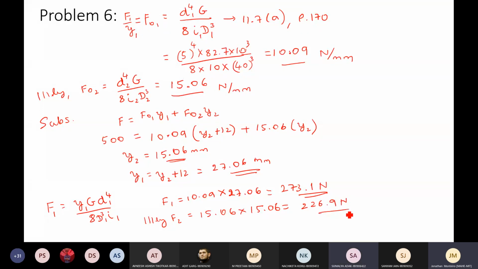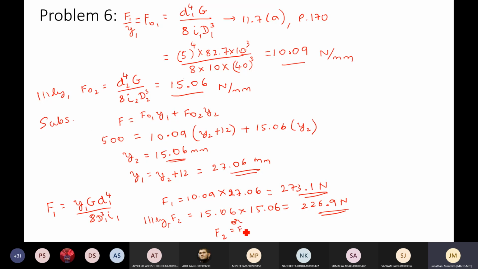Okay, I'm getting somewhat closer here. No issues. So now we can understand that the outer spring is taking a load of 273 out of 500 and F2 is taking 226.9. There's one more way of calculating F2. F1 is already taking 273, so what is the obvious thing then?